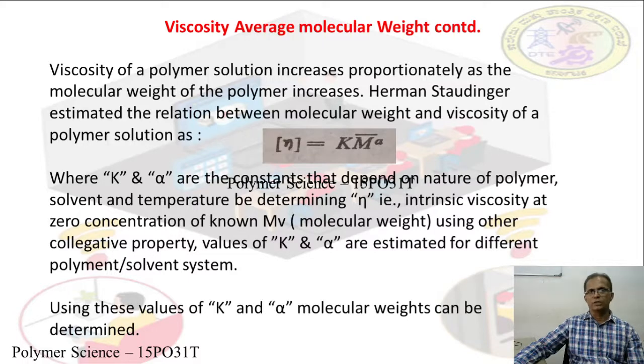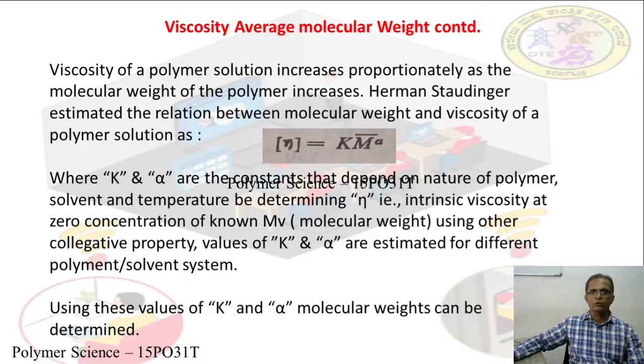Viscosity of a polymer solution increases proportionately as the molecular weight of the polymer increases. Hermann Staudinger estimated the relation between the molecular weight and viscosity of polymer solution.